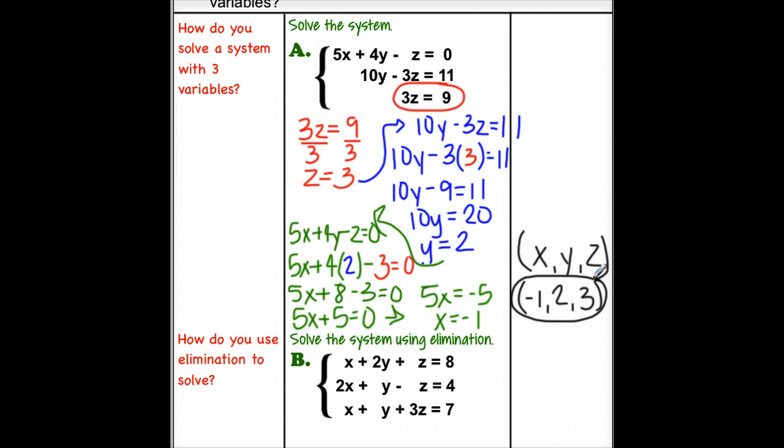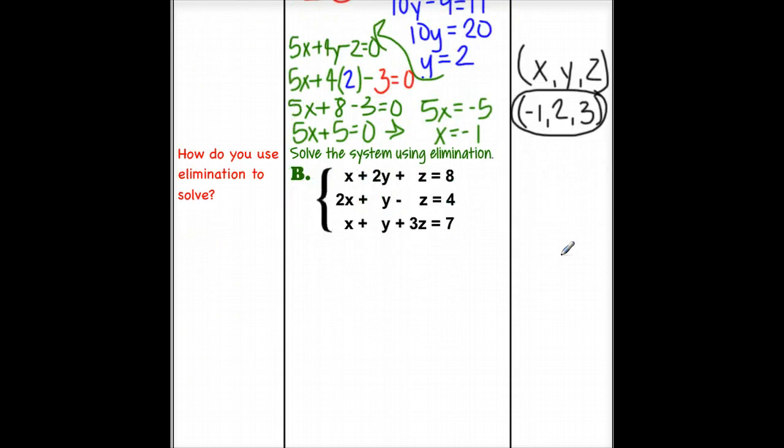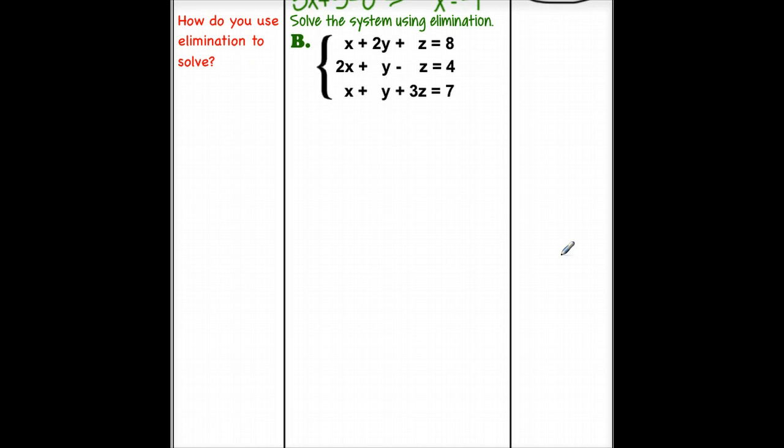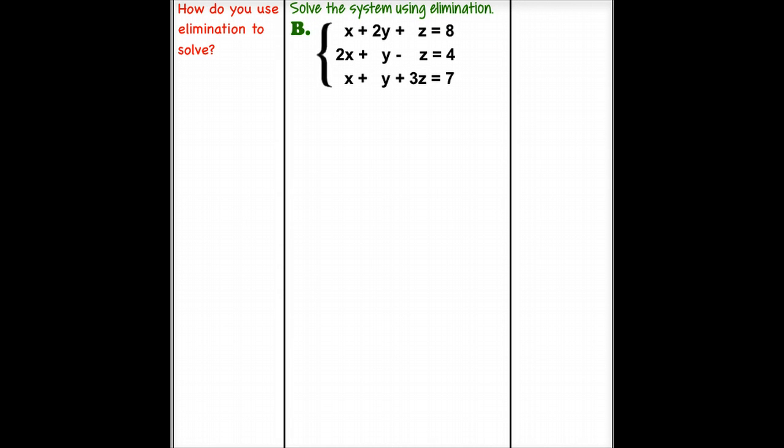Moving on to B. B is a little bit more involved simply because we have all 3 of the equations within the system that have all 3 variables. So we cannot simply solve for one, substitute it in, solve for the next one, substitute it in, and get the third one.